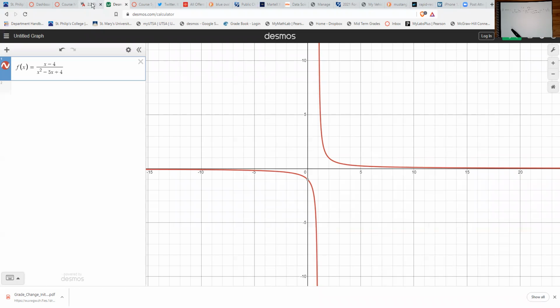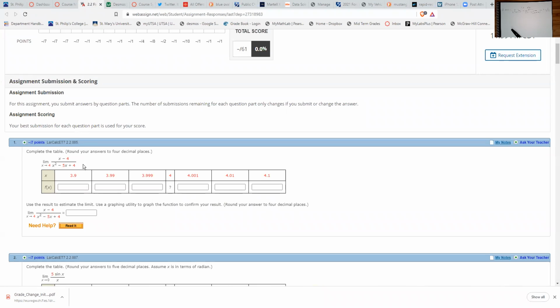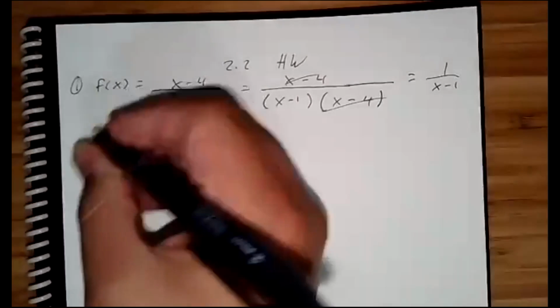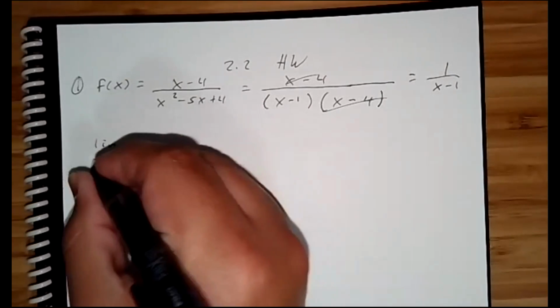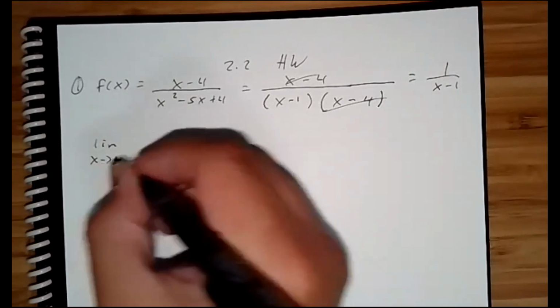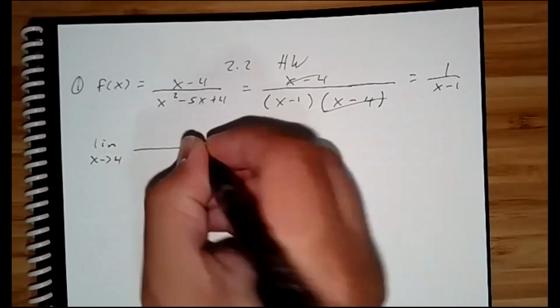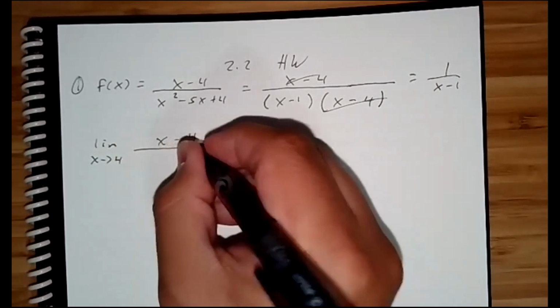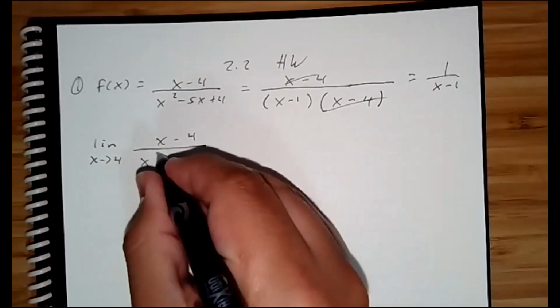So there's a couple of techniques to find a limit, right? One thing you can do is approach the limit from the left side. So get really close to the 4. They didn't ask about the 1. They asked about the 4. Okay, so let me put this in plain English for you. The limit as x approaches 4. I'm going to write down what this question is asking you to do.